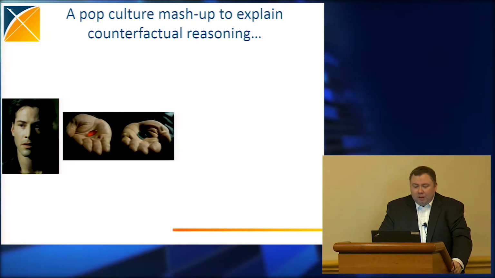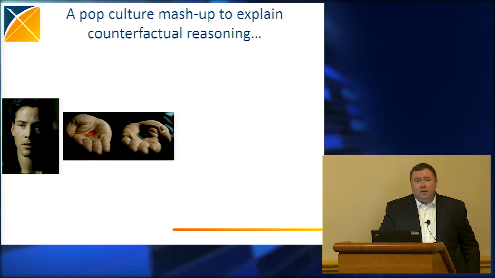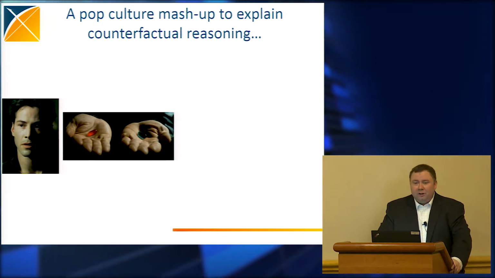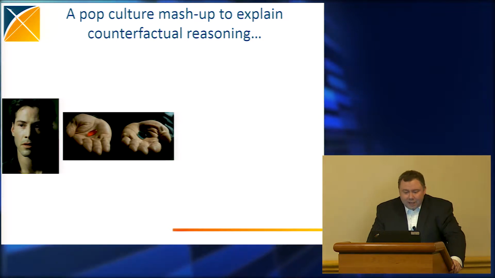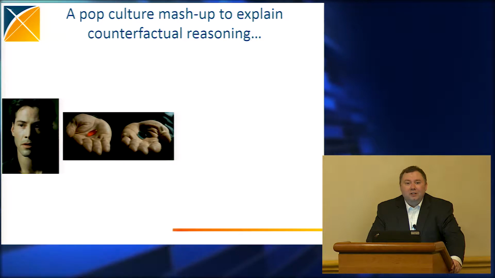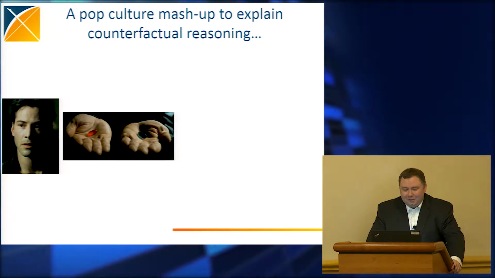So you remember that there was this scene near the start of The Matrix where Neo was offered the opportunity to either take a red pill or a blue pill. At that moment, he was told that if he took one, his life would be changed forever. He would go into the Matrix and have an experience that would change his life.